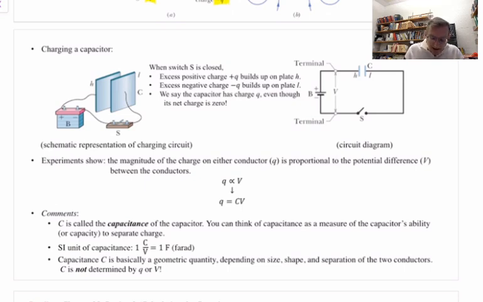The picture here on the left is a rough schematic of exactly what a circuit would look like on a tabletop. You have a battery with a plus and a minus terminal, which really means high potential and low potential terminals. And we've taken conducting wires, and we've connected with a wire the high terminal of the battery to one of the plates of the capacitor.